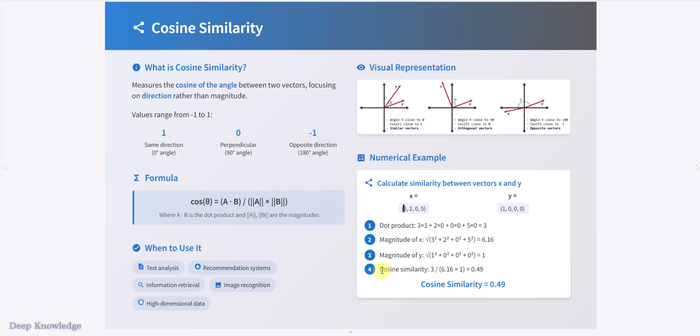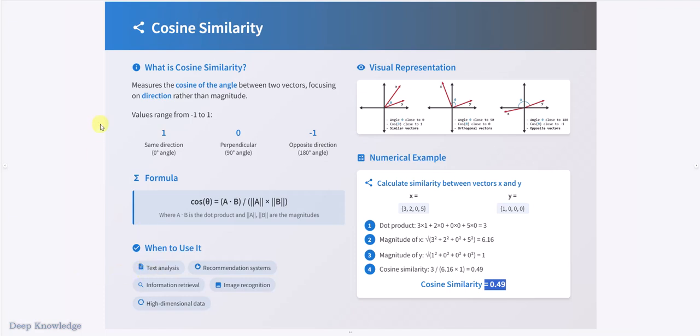So the cosine similarity is 0.4. So the cosine similarity is not close to 0, and not close to 1. You can also use a threshold, for instance, if the cosine similarity is greater than 0.7, I will consider it as similar.